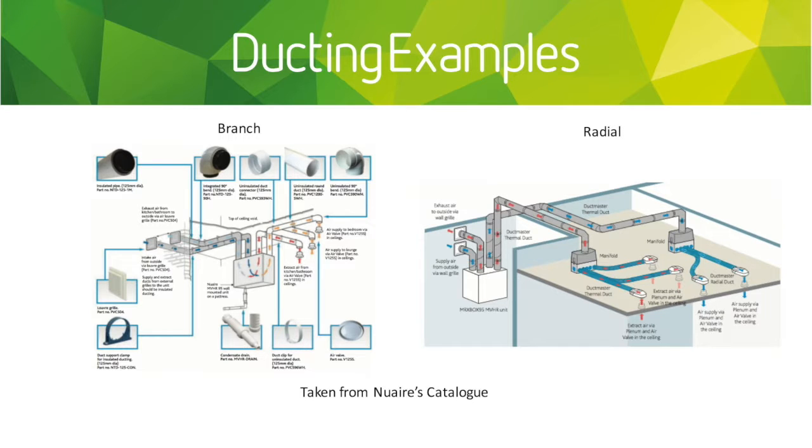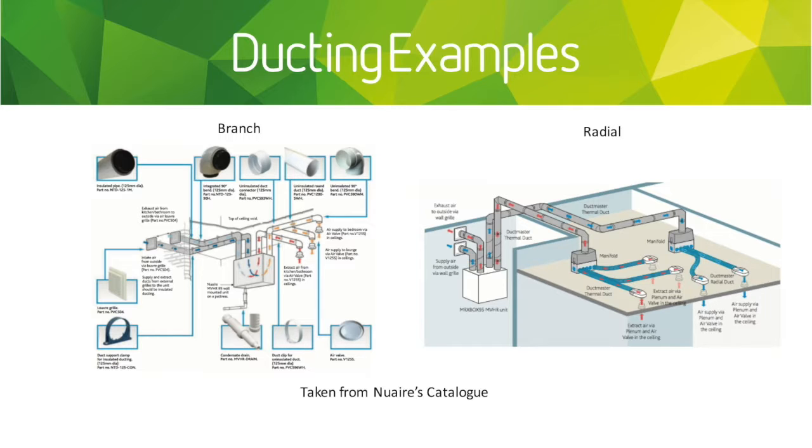So here's some ducting examples from the US catalogue, which shows how the traditional system works, and then also shows you how the radial system works. The biggest thing with the radial system is you need to find a suitable space for manifolds. So generally these should be installed in a central location where you can branch out like a spider's web from a central place.